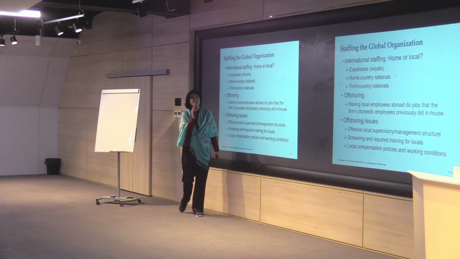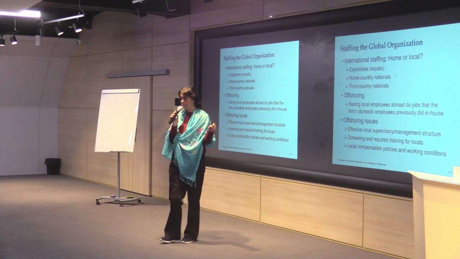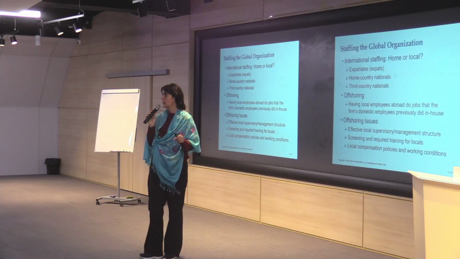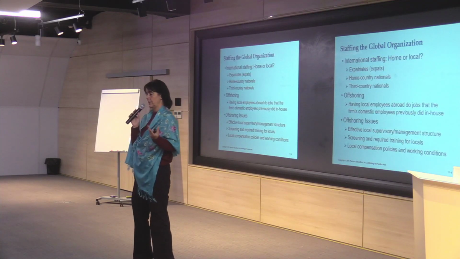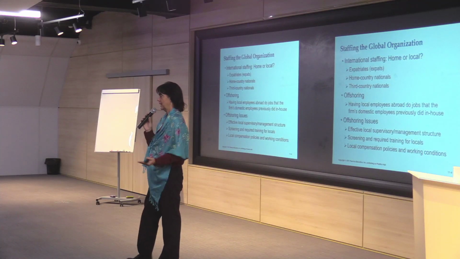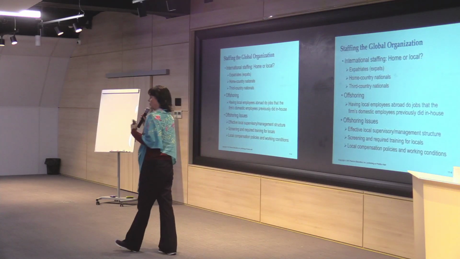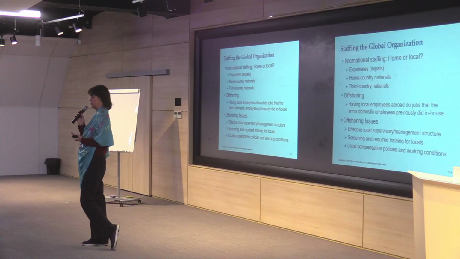Okay. Basically, when we are thinking about who we are going to hire and where the best candidates are, we have three general options. Option number one will be the home office. So if I'm a Russian company, I'm going to look for people who are already working for my company in Russia.